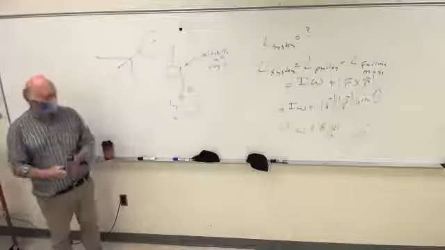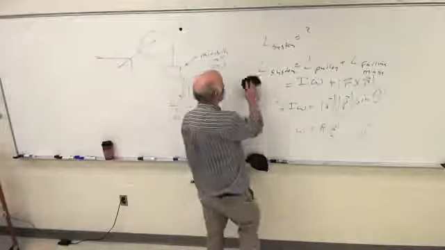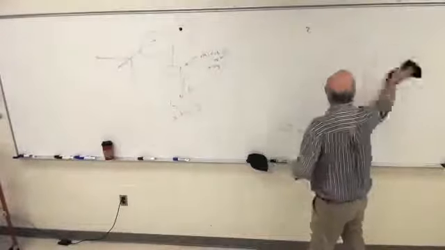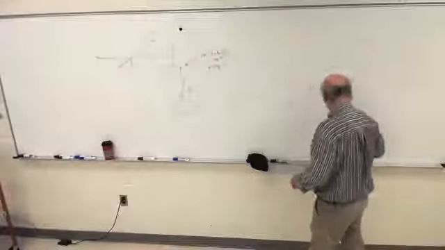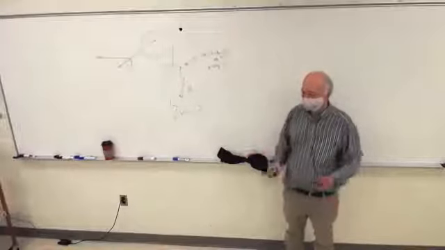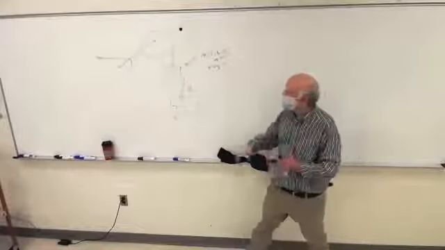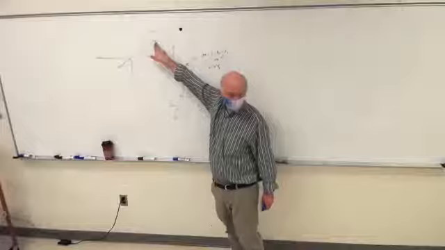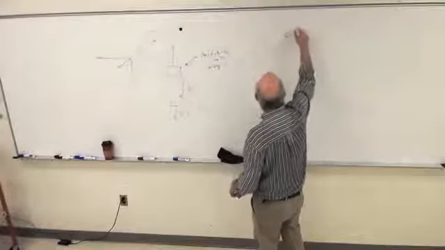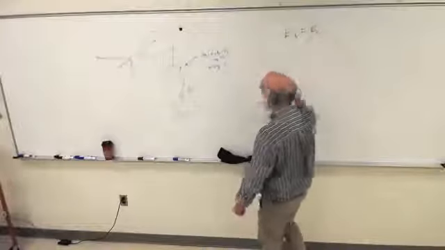You tell me what to do. It looks like E initial is going to equal E final here. How come? There is no non-conservative work. We're assuming that there's no friction at the pulley here. So E initial equals E final.